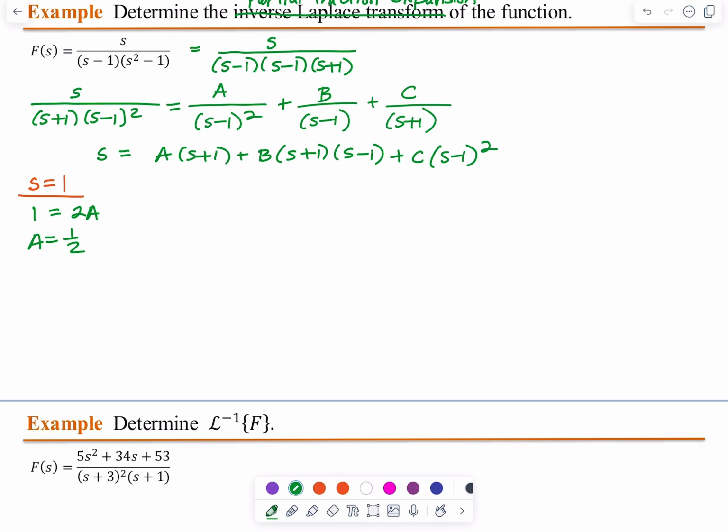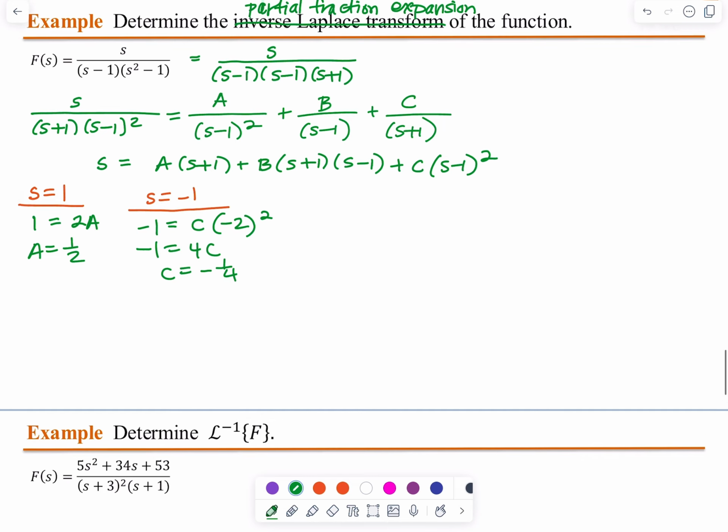Okay, now let's let s equal a negative 1. And of course, we will lose these two terms. And we have negative 1 is equal to c times negative 2 squared. So negative 1 is equal to 4c, and c is equal to negative 1/4.